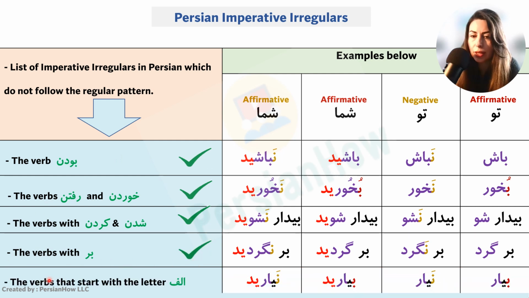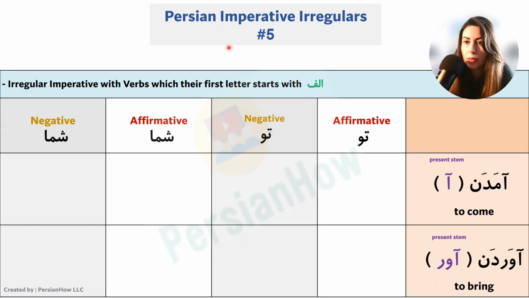Now we are going to take a look at this one. The other set of irregular imperatives are with verbs whose first letter starts with aleph. For example here, آمدن starts with aleph, آوردن starts with aleph. Back to آمدن, A is the present stem, just one letter, A. So if I attach be to A, it's going to give me ba, but that's wrong.